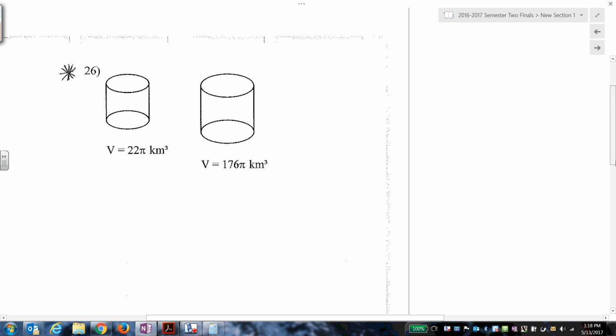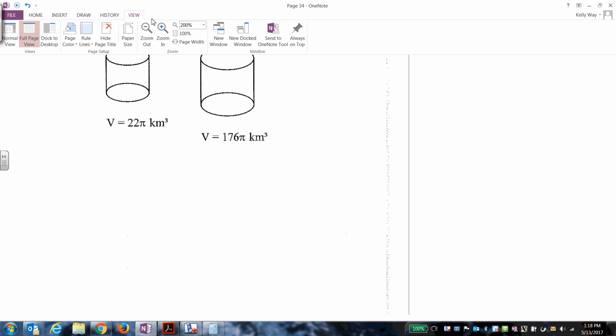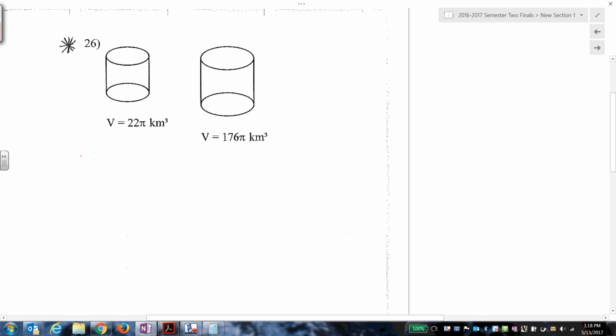Now these are volume. So watch carefully. We're going to write our 1D, x to the first, y to the first, 2D, x squared, y squared, 3D, x cubed, y cubed.